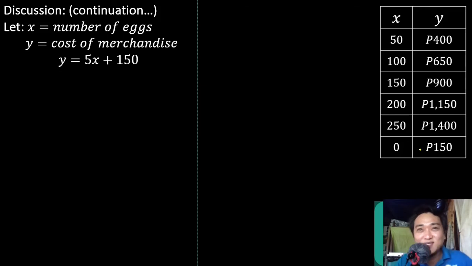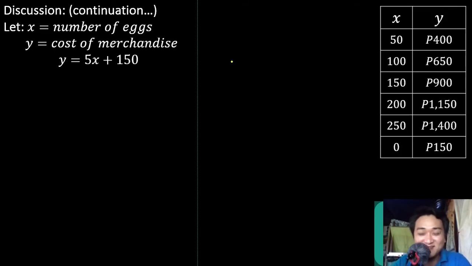Okay. So again, pumunta lang yung truck doon, bumalik din, the same merchandise yung dala-dala niya. Hindi nabawasan. So that is 0 delivered eggs plus yung syempre yung gasolina ang ginastos nila, kailangan kasama yun. So that is 150.